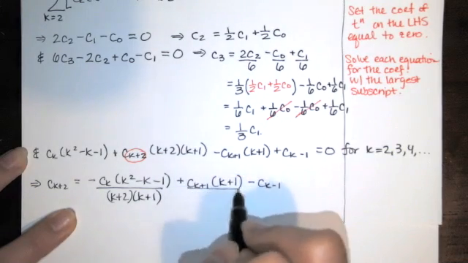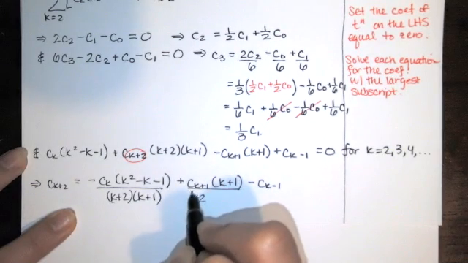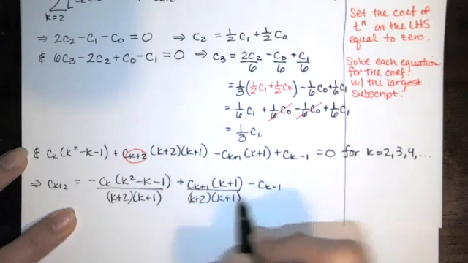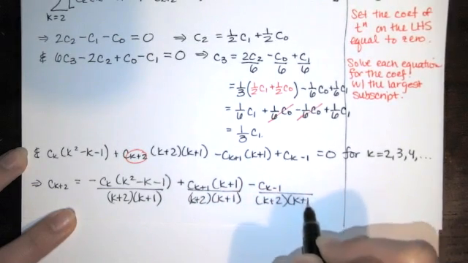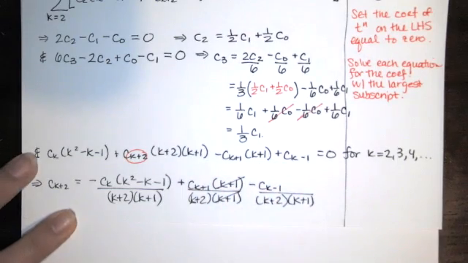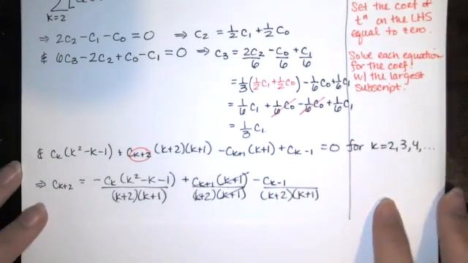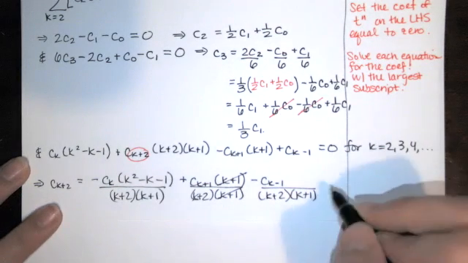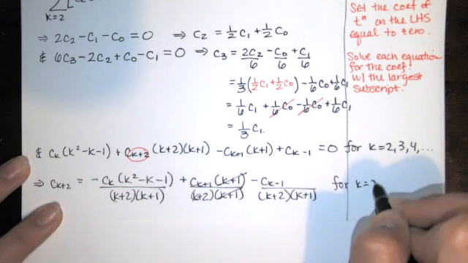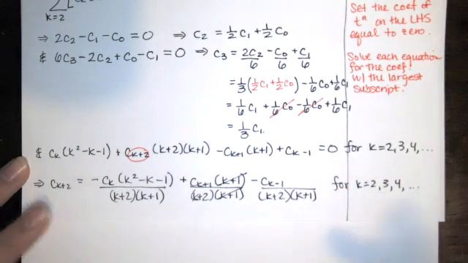You could divide the whole thing by k plus 2 times k plus 1 if you want to. That's an option for you. I decided to divide each term by that because then the k plus 1s would reduce right there. So this is true for k equals 2, 3, 4, and so on.